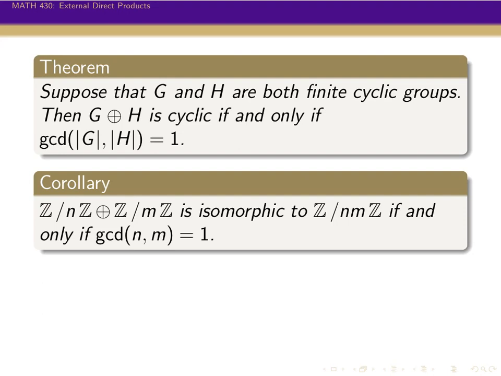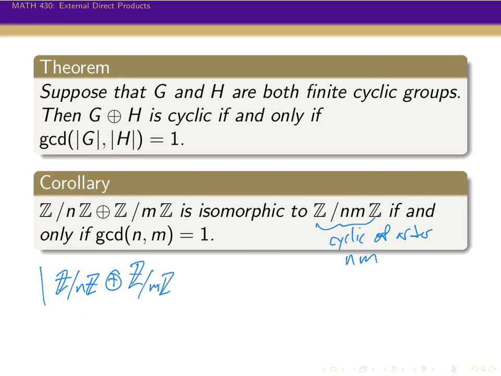Because Z mod nmZ is a cyclic group of order nm. Z mod nZ plus Z mod mZ, the size of this is also going to equal nm.